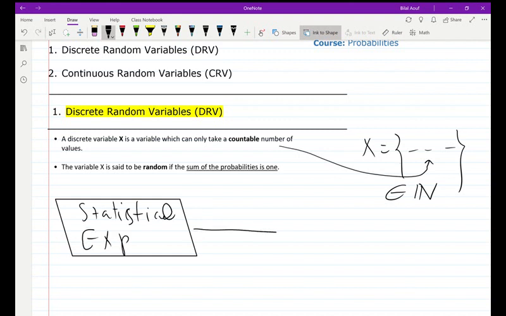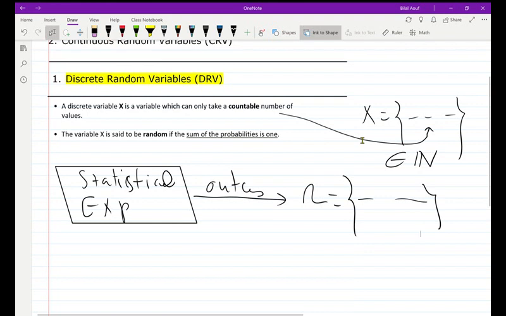It has outcomes stored in sample space omega. The values of X are built on the values of omega.